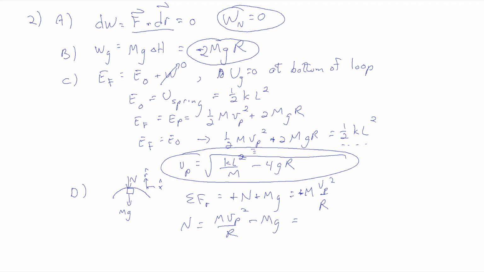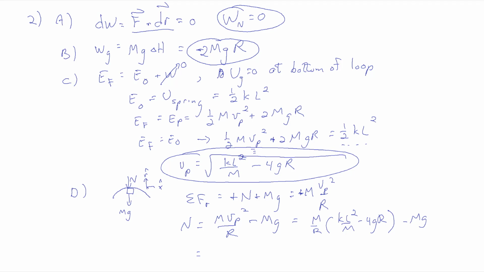But what we really should do is take our VP squared from up above and plug that in and give an answer in terms of things you were given in the problem statement. So if I do that, I have m over r times VP squared, which is KL squared over m minus 4gr. That's the answer to part C squared. Minus mg, and I can simplify this.